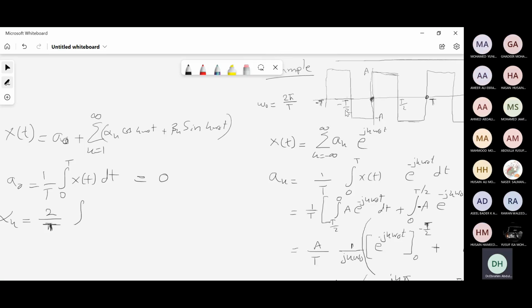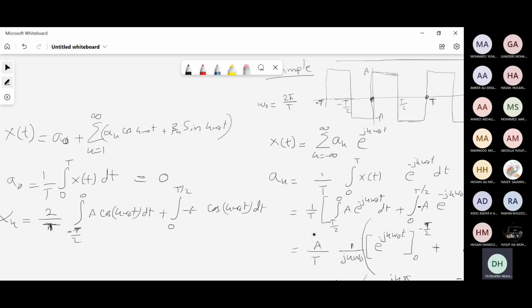If you do it from minus t over 2 to t over 2, then we have to split it into 2: from minus t over 2 to 0 of a multiplied by cosine k omega naught t dt, plus integration from 0 to t over 2 of minus a cosine k omega naught t dt.